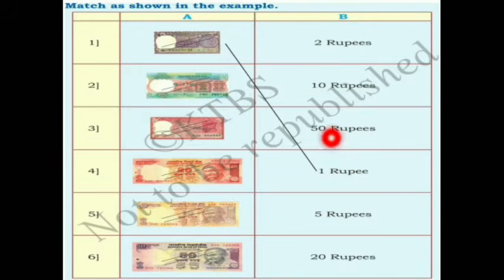Here, where is 5 rupee? Yes, here. So we should match these two. Next we have this note. What is the value of this note? Yes, 2 rupee. Here, where is 2 rupees? Here, the first one. So, we should match these two.